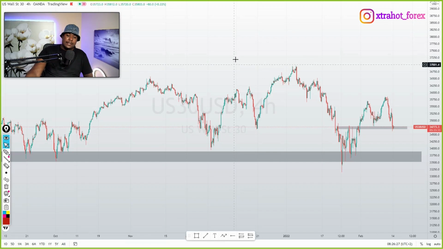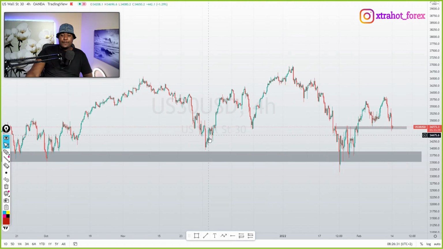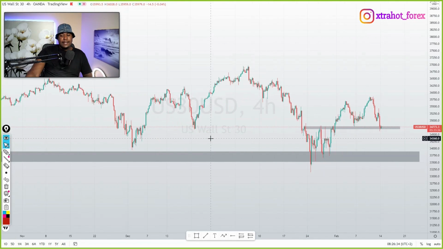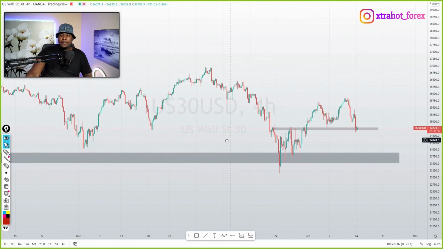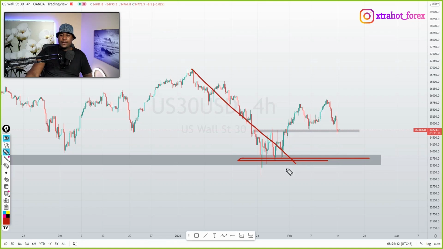So let's just go straight to US30, guys. On US30, we can see that the market is actually trying to push lower. But what I love is that the market moved away from the support area. You still remember when the market was pushing lower, but now the market is trying to push up. It came back around this area, which we can call a support at the moment, and pushed up again.